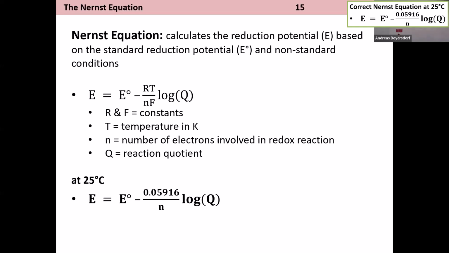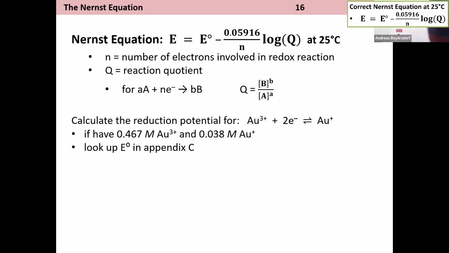I plugged in this for temperature times log of Q. That's the one we'll be using most. All right, so remember that, for A going to B involving N electrons, our Q is the concentration of B raised to its coefficient over the concentration of A raised to its coefficient, and N would be the number of electrons involved.